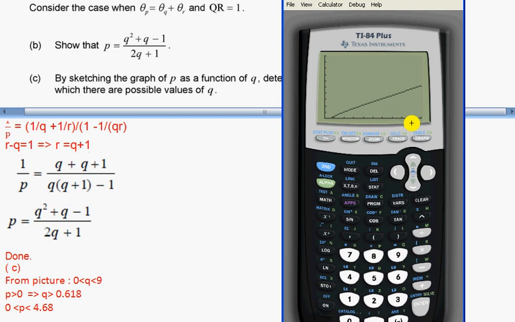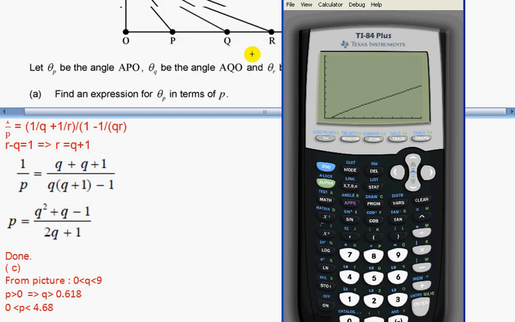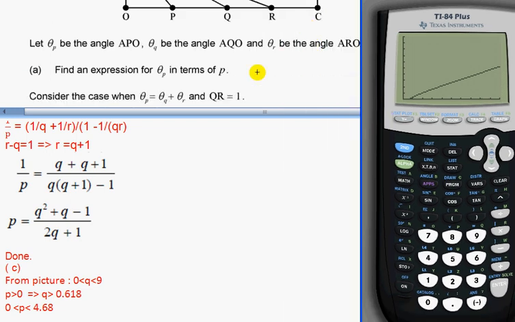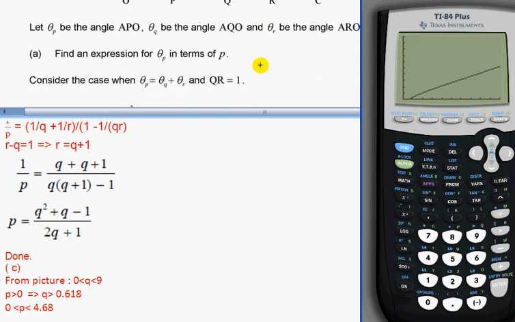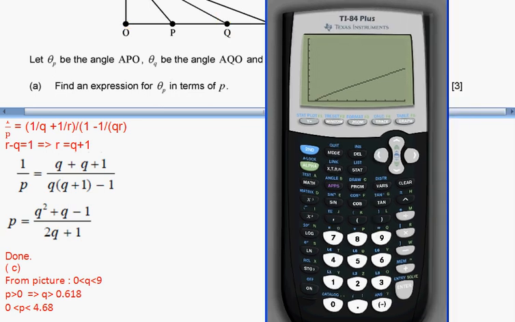So P is from 0 to the value corresponding to Q equals 9. So let's find the value when x equals 9. It is 460. So we found the maximum value and the minimum is 0.